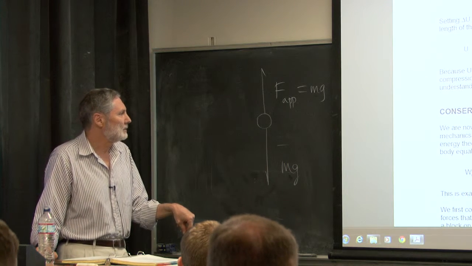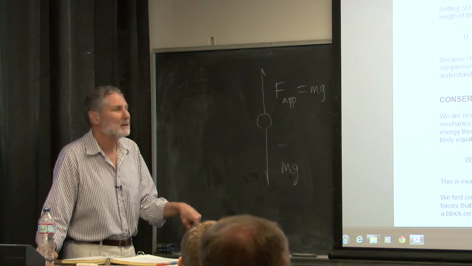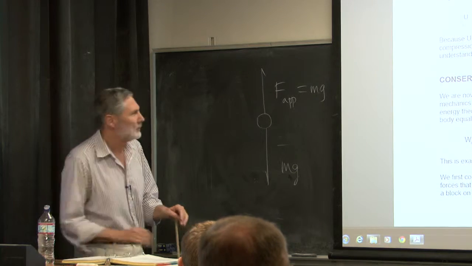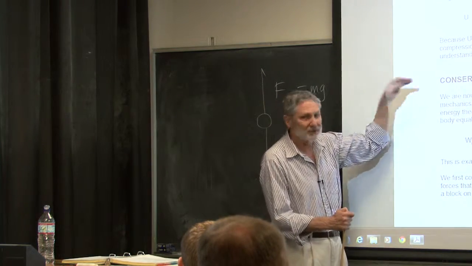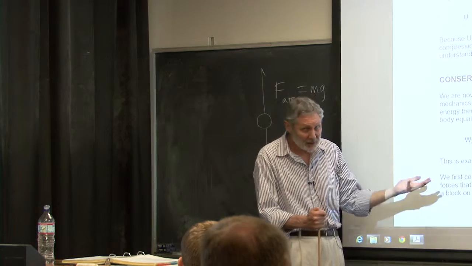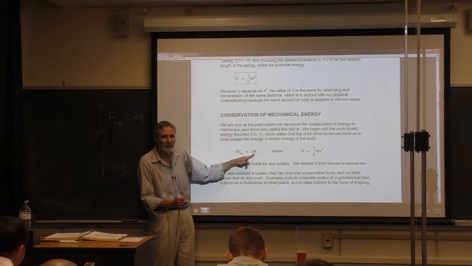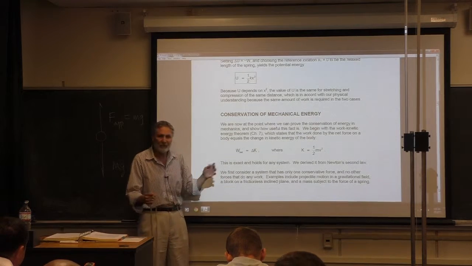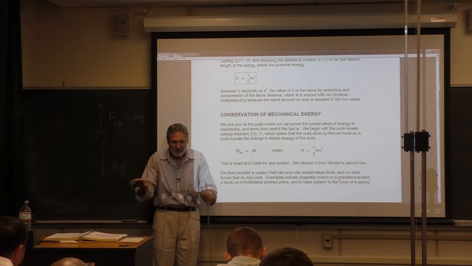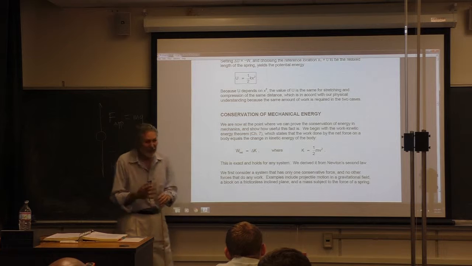Okay, so now here's the idea. Now we can do conservation of mechanical energy because we've done potential, we've done kinetic energy, we've got the work kinetic energy theorem. The work done by the net force is the change in kinetic energy. It's always true, and from now on it's classical, right? I don't want to keep saying classical or non-relativistic.